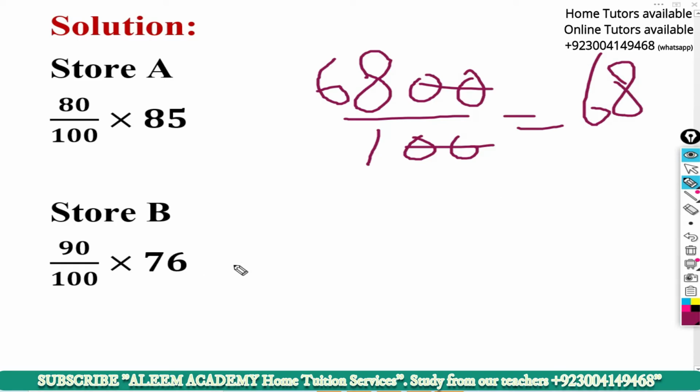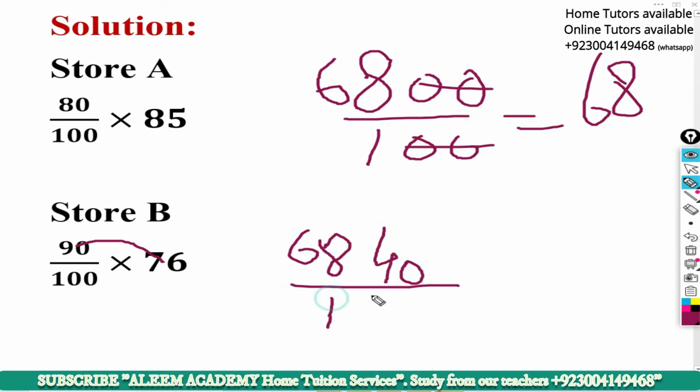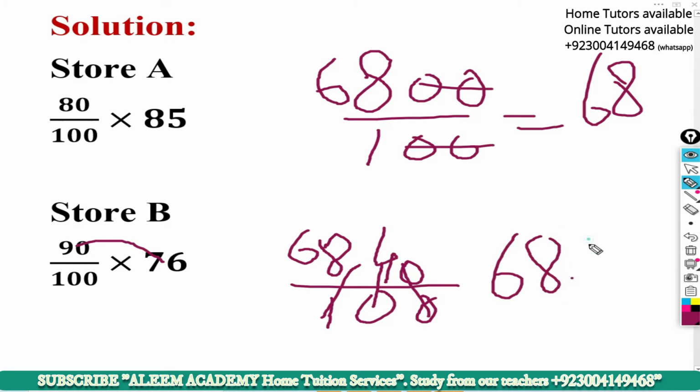Now let's do Store B. Multiply 76 with 90. You are getting 6840 divided by 100. So a 0 goes with this, a 0 goes with this, and over here we write the decimal: 68.4.